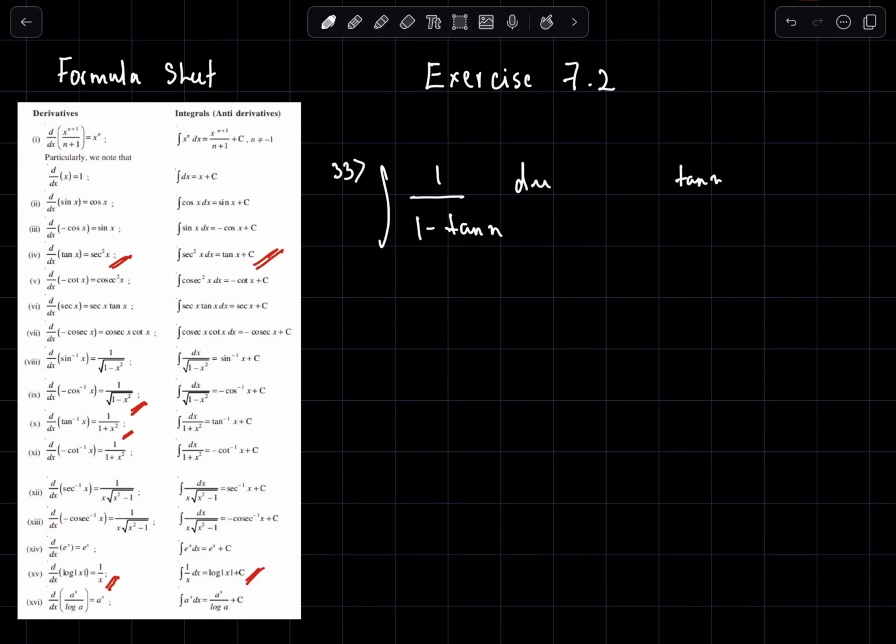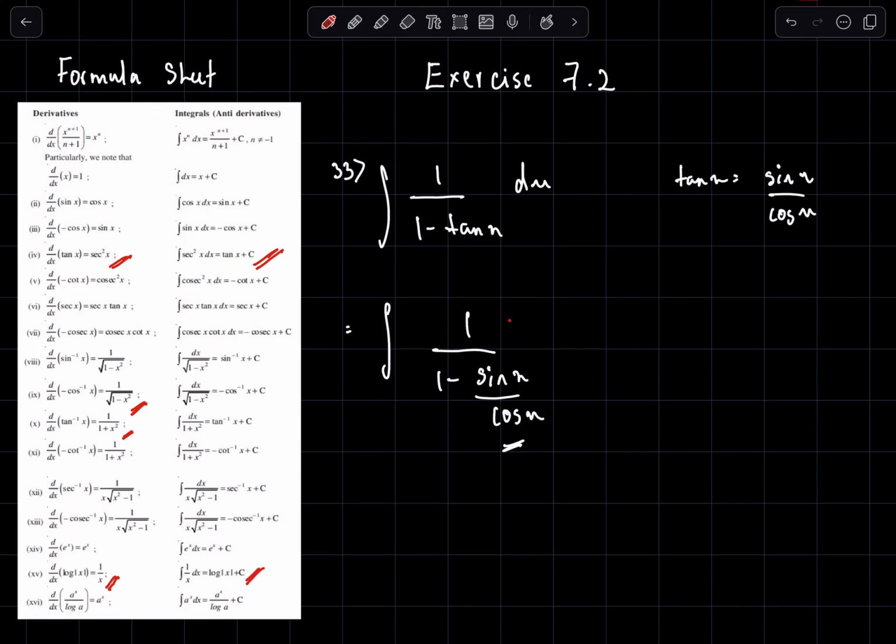So tan x is equal to sine x divided by cos x. So let's substitute. That is equal to integral of 1 over 1 minus sine x over cos x. Once you do that, you want to remove the denominator, so you multiply with cos of x.